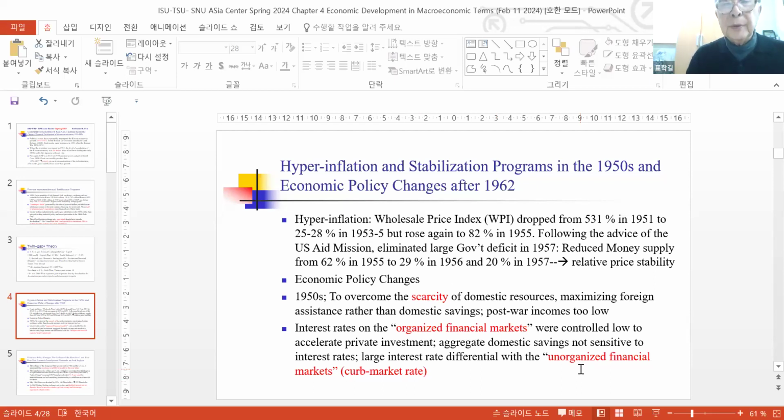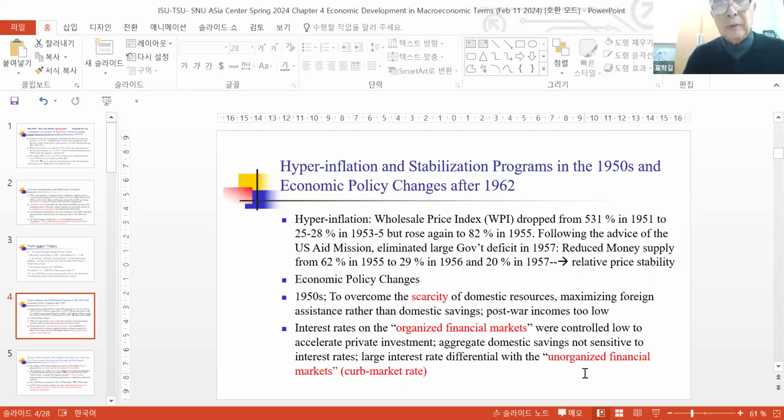For example, in Russia, when the economic condition is not good, then the organized financial market's ruble-dollar rate is far different from the unorganized black market ruble-dollar rate.